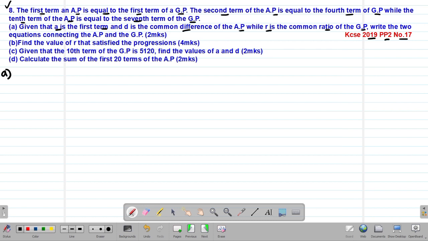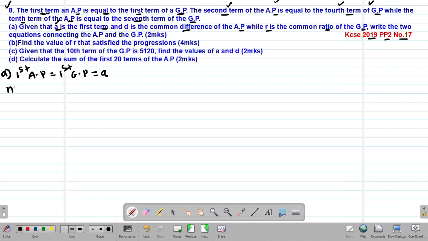So in the first statement, you are told that the first term of the AP is equal to the first term of the GP. Then you are told that the first term is denoted by A. Therefore, the first term of the AP must be equal to the first term of the GP, which of course we are told to use A as the first term of both. We are further told that the second term of the AP is equal to the fourth term of the GP.